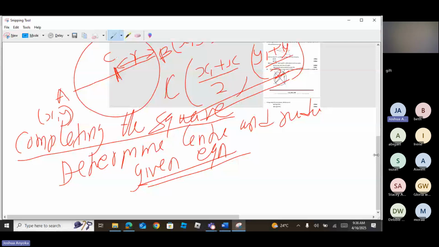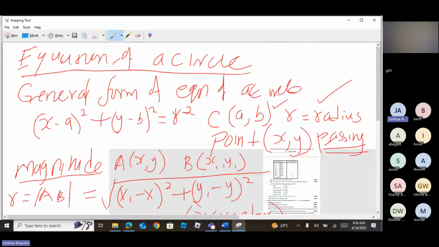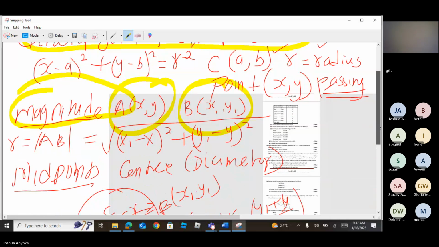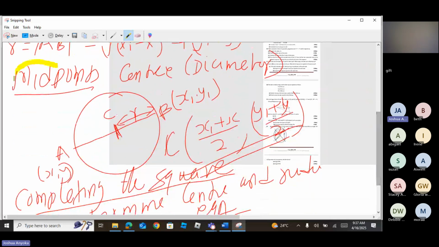So we have said, one, we need to understand the general form of the equation of a circle. After that, we need to understand how to find the magnitude, whether you are given two points A and B. How do you find the magnitude, and how do you find the midpoint?